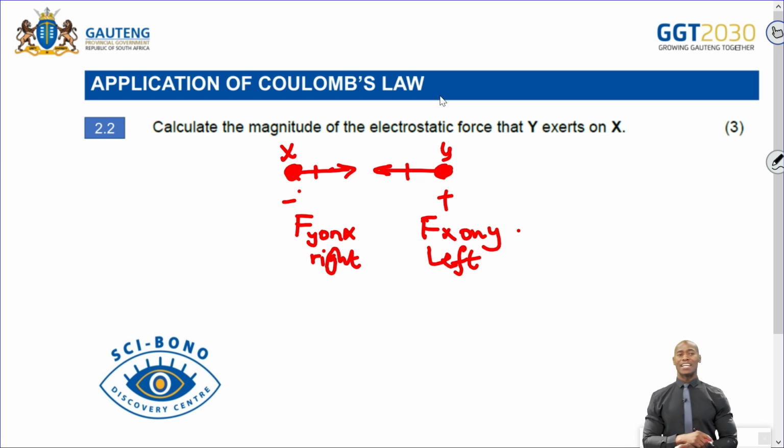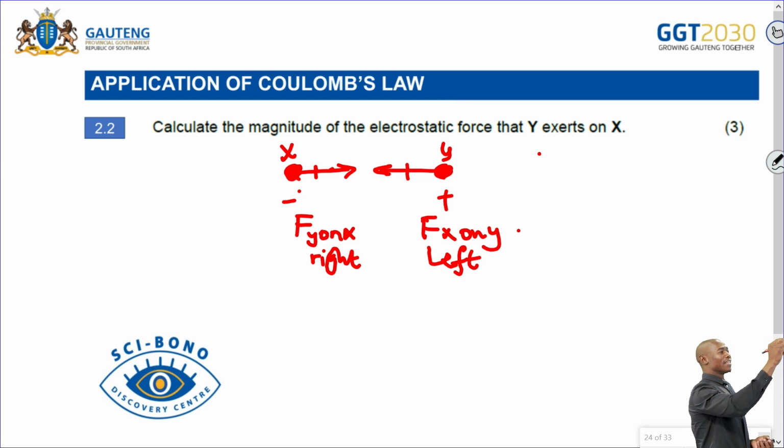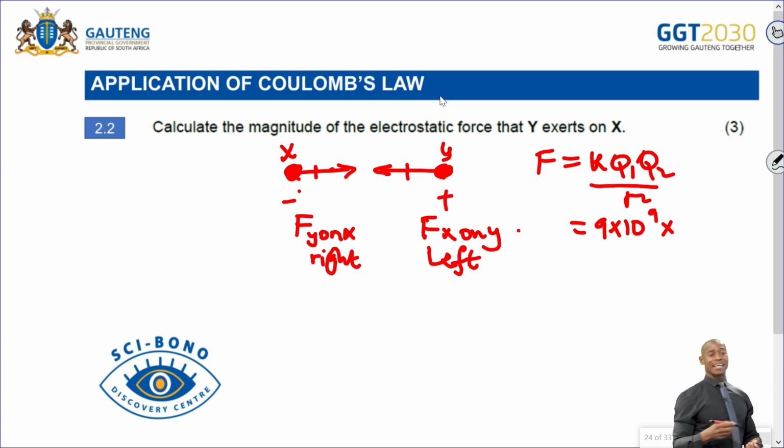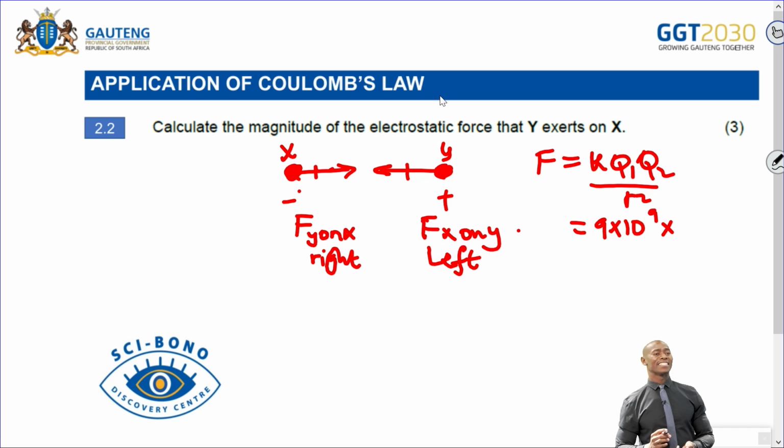Calculate the magnitude of the electrostatic force that Y exerts on X. So the equation is F equals K Q1 Q2 over R squared, right? What is our K? 9 times 10 to the power 9. Q1 can be X. And please, learners, be careful: when we are dealing with this equation, your charges must be positive, even if the charge is negative.